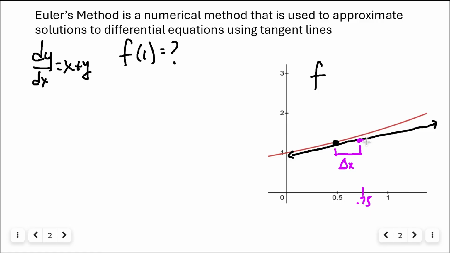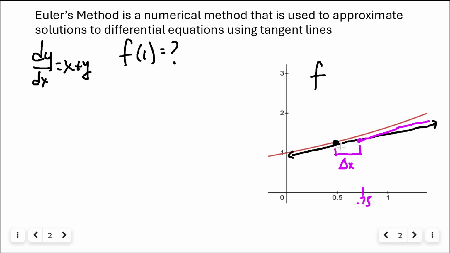And then what you did is at 0.75, you built another tangent line. So you built a new tangent line at 0.75 to the curve, which I guess would look something like that. Okay, and then you said, all right, let me use this tangent line at 0.75 to approximate f(1). Well, that approximation will be better or closer to the answer than the tangent line that you used at 0.5, right?